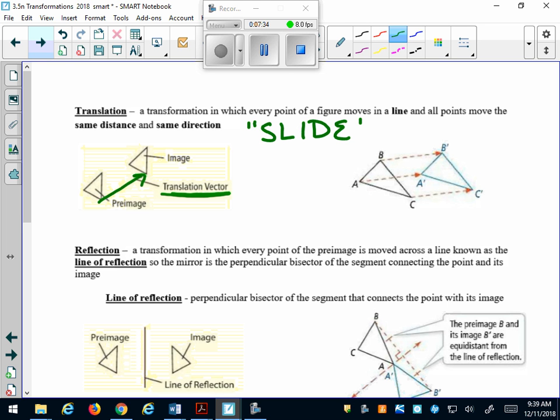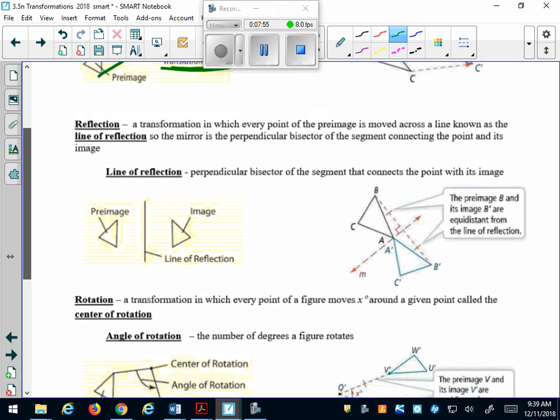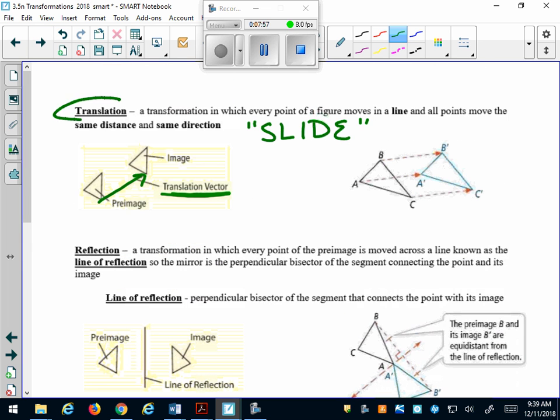This is like a slide. You're basically sliding a shape from one location to another location. You're not twisting it, turning it, flipping it, or anything else. You're just sliding it from here to here. It could be diagonal, left, right, up, down, but it's just a slide. So that's called a translation.